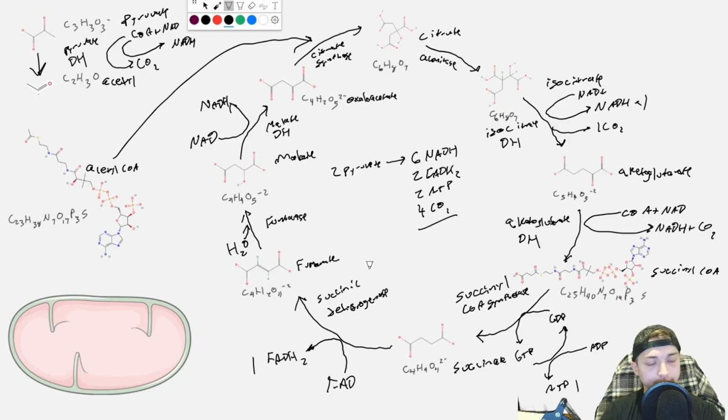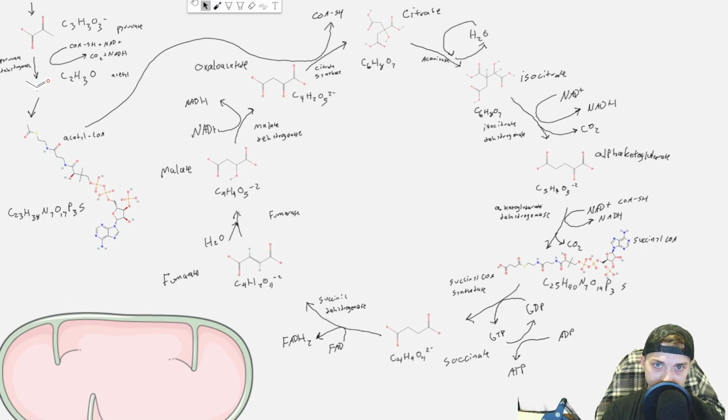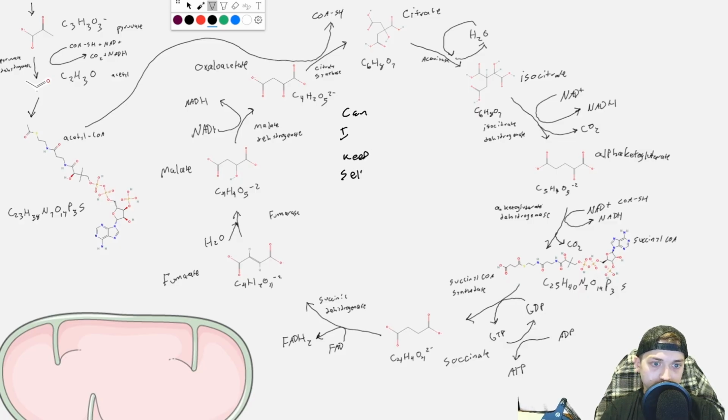Simple as, right? So, for those who are not paying attention, we're going to go over this one more time. Okay. So remember my dirty acronym. Can I keep selling for money, officer?